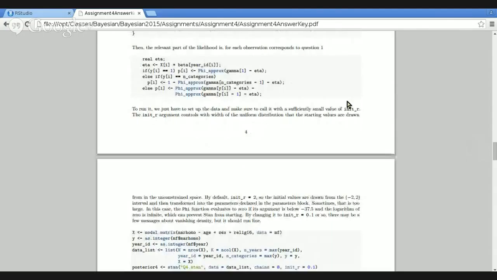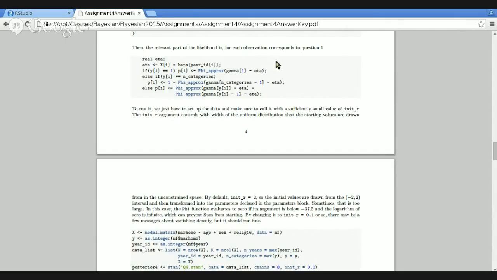Then the likelihood, if you look at the .stan file for this, it basically involves a loop over all the observations. We create a linear predictor by plucking out the relevant betas. So year ID is a vector of length n, and it's going to have the integers 1 to 7 as its unique elements. I think my question was asked in 7 time periods.